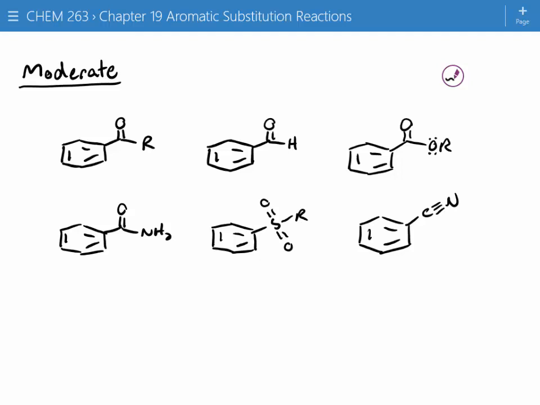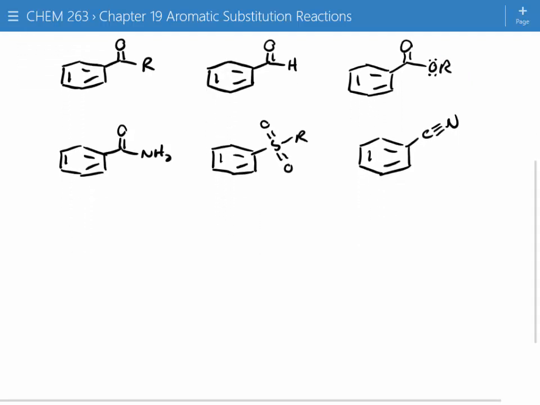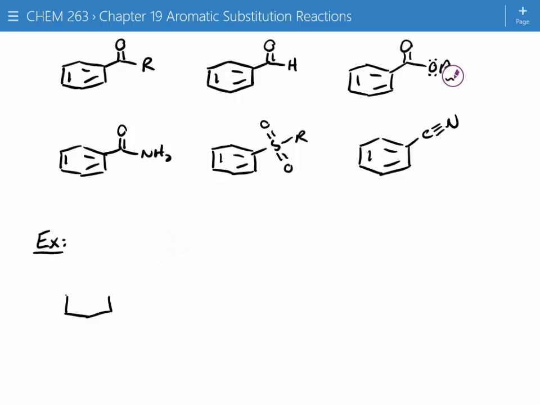Let's actually go through and draw the resonance structure for the top left one, that ketone, and take a look at why it's a moderate deactivator. Whenever I'm in doubt with these, I just try to draw the resonance structures and see what makes sense.